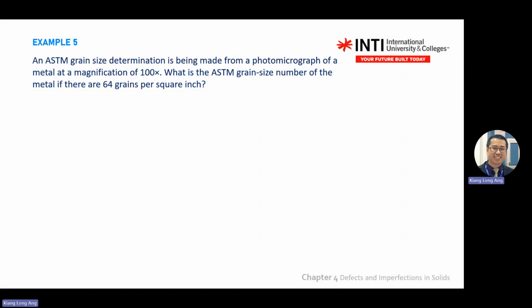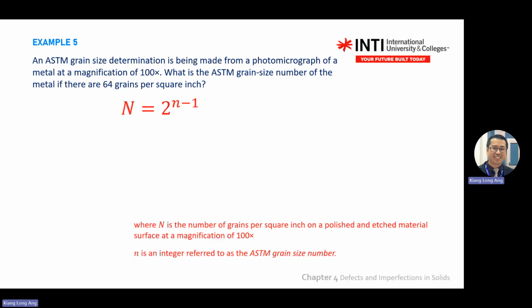ASTM standard you use to determine the grain size with a magnification of 100. What is the ASTM grain size number of the metal if there are 64 grains per square inch? So you use this formula, N = 2^(n-1).